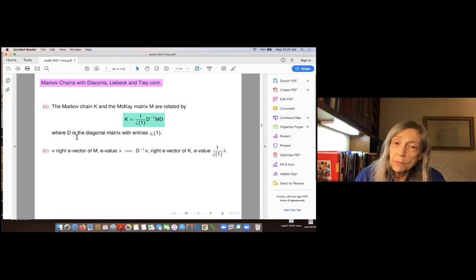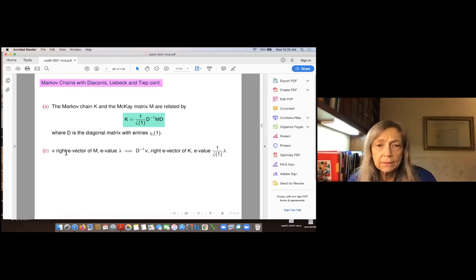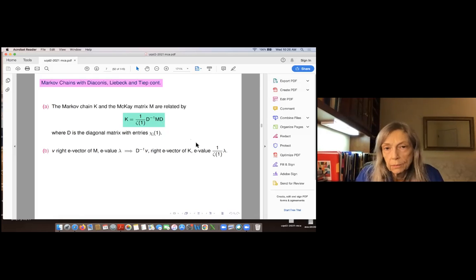Okay, but we can say more. If you take an eigenvector of M with eigenvalue λ, then you get an eigenvector for K with eigenvalue 1 over ζ(1) times λ. That's easy, just put it in up here and you check it works.